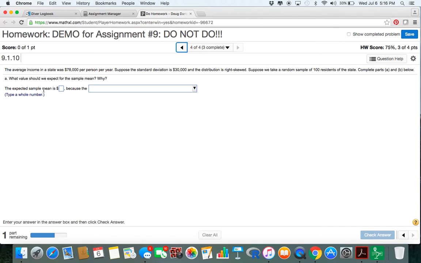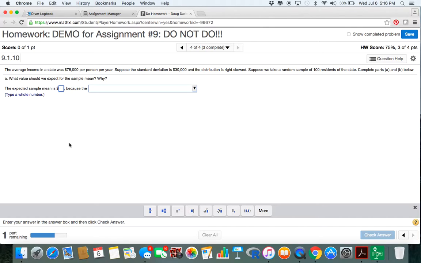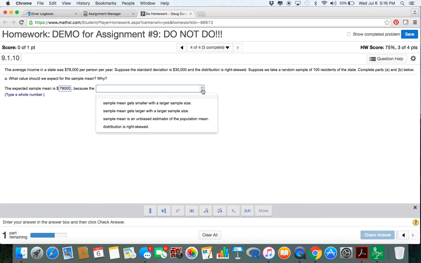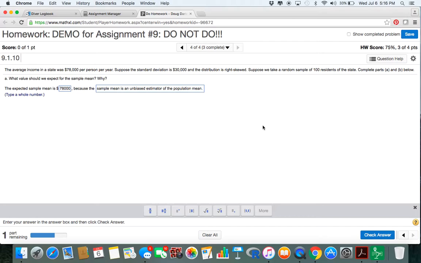The expected sample mean is always going to be the population mean, because the sample mean is an unbiased estimator of the population mean. Now, how do we know that?